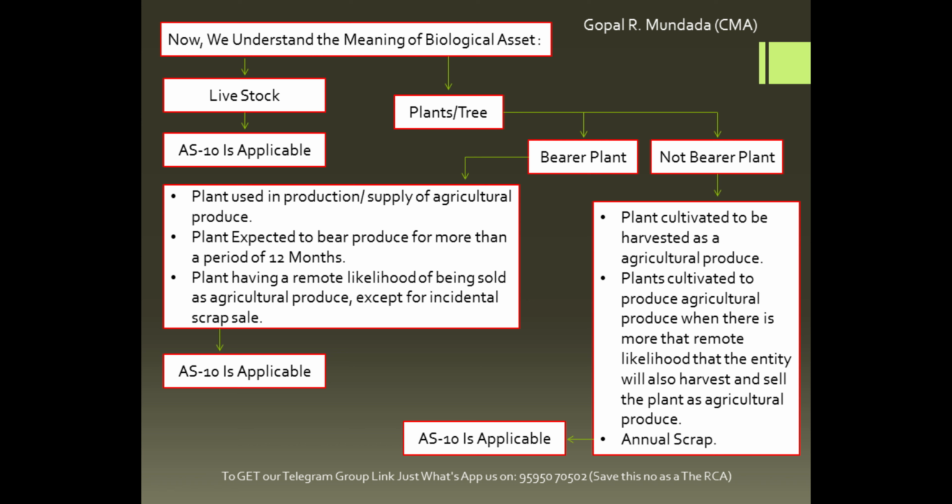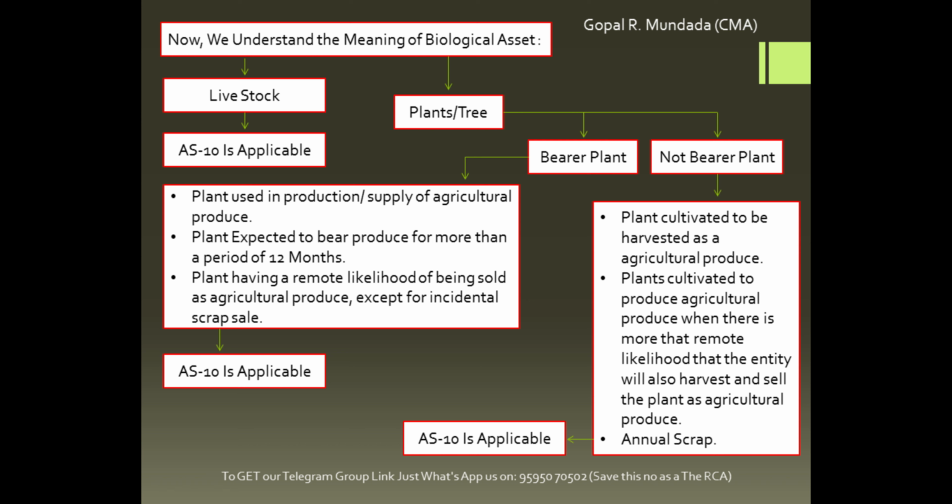So that plant is a bearer plant. From that plant I can gain revenue. Next is a plant having a remote likelihood of being sold as agricultural produce, except incidental scrap sales. So guys, basically a bearer plant is a plant from which I earn revenue.